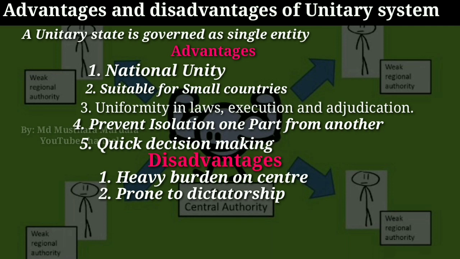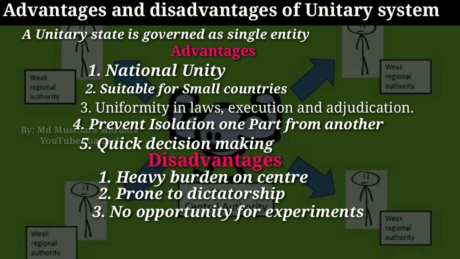In a unitary form of government, there is a lack of opportunity to experiment with laws, rules and regulations. In a federal system, there are several local level governments which will provide a lot of information regarding the success and failure of the laws and policies implemented by them, which may work as a guide to the central government to implement the best one.